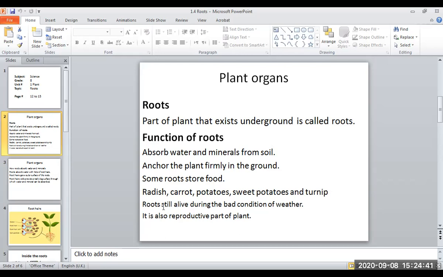Okay. And roots stay alive under bad weather conditions, and they are also a reproductive part of the plant because roots can grow into a new plant. So we can say roots are the reproductive part of the plant. In bad conditions, for example in the desert, sometimes there is no rain for many months.